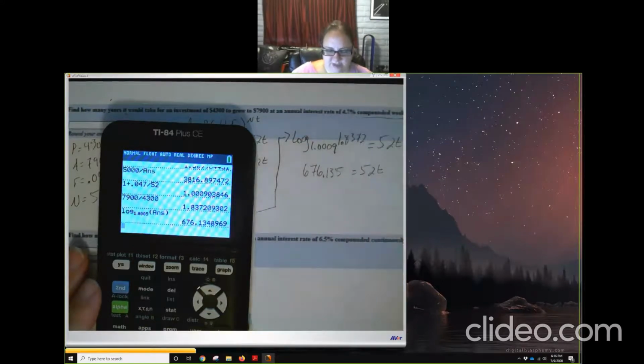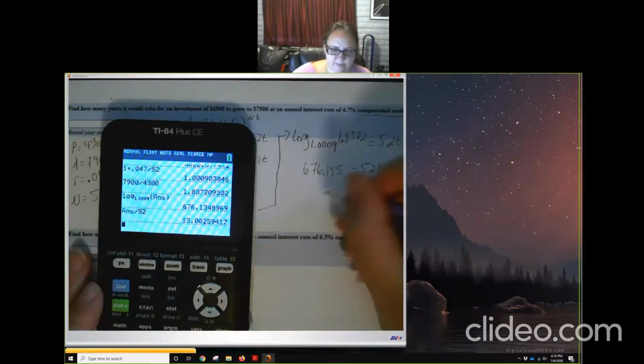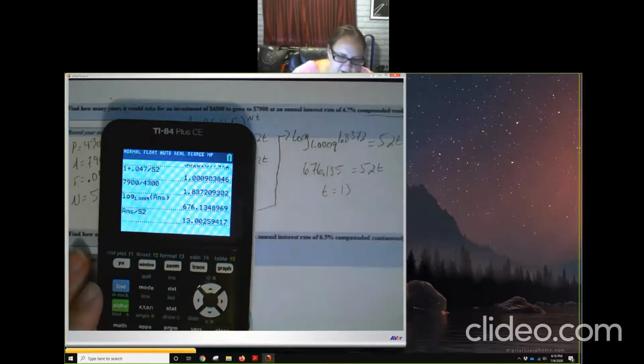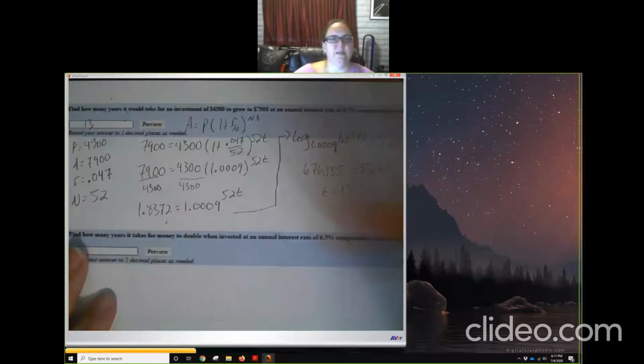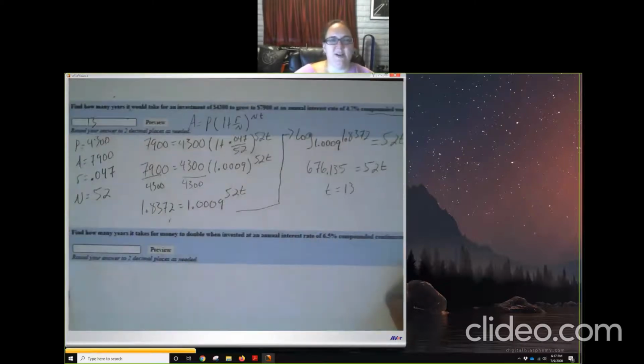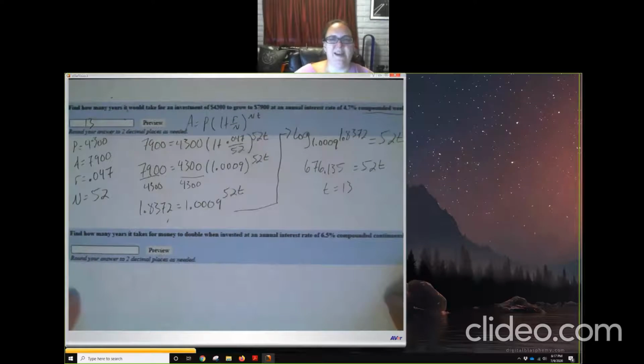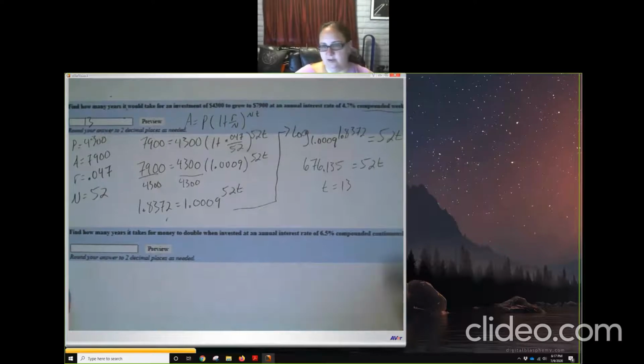And then I'm going to divide that by 52. Round your answer to 2 decimal places. To 2 decimal places, that's still 13. So that means it'll take 13 years if you start with 4,300 and end at 7,900, at 4.7% compounded weekly.